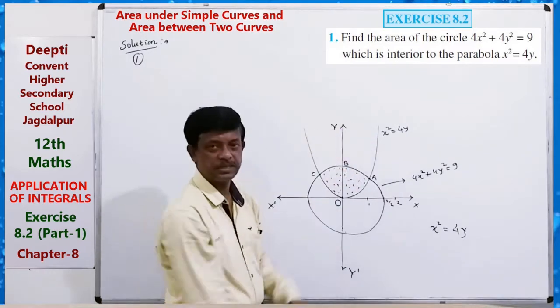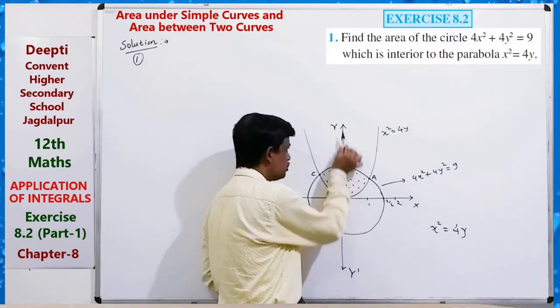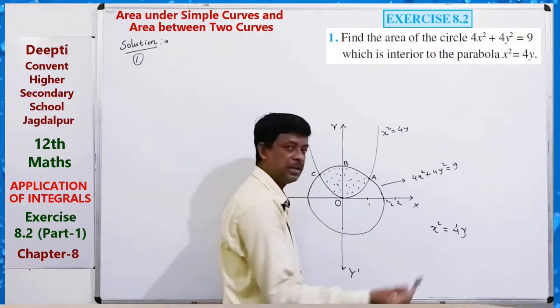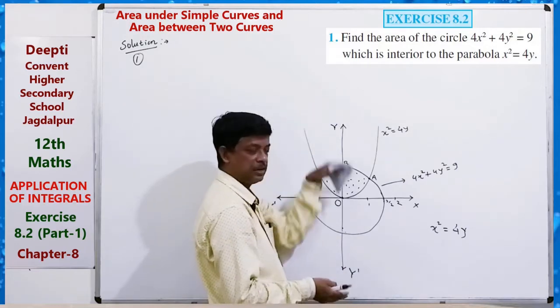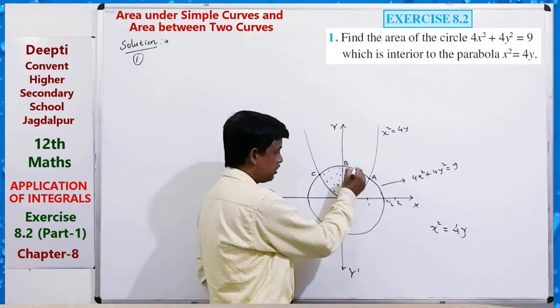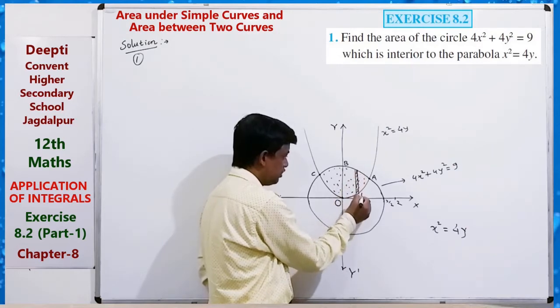Our formula is y dx or x dy. x dy means in this direction, y dx means in this direction. So here we can take a vertical strip for y dx, PQ.